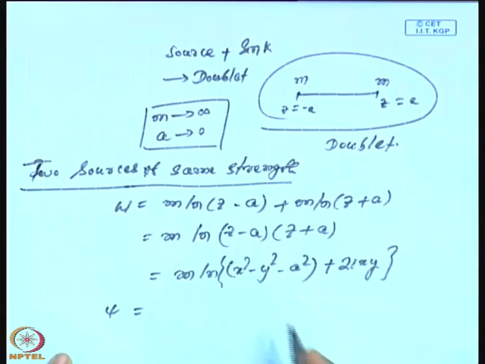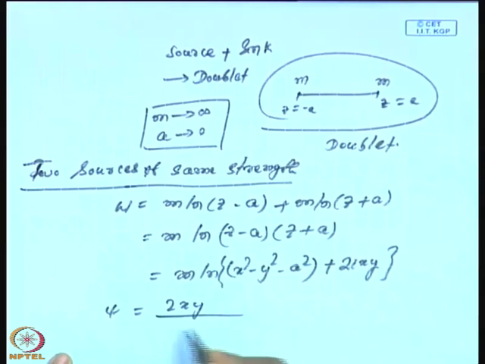I will get my psi as, because m log r, so this will give me 2xy by x square minus y square minus a square.